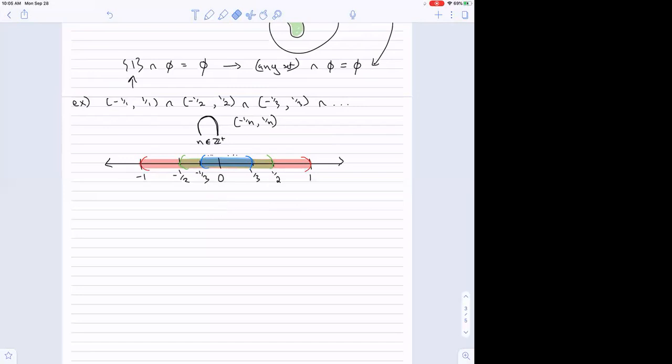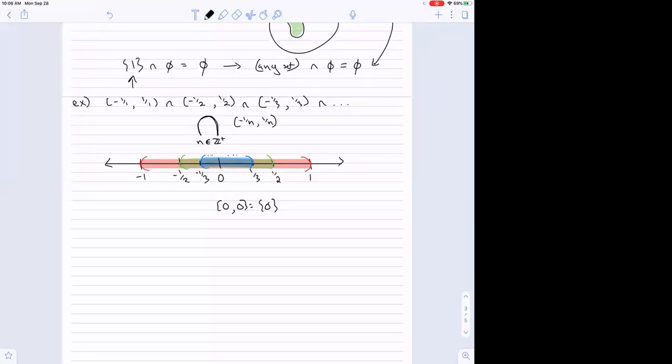So actually, it is including 0, because the interval would be 0, 0, or I can just write 0. The reason is that all of these intervals contain 0, and the intersection is basically all the elements that are contained in all of the sets.